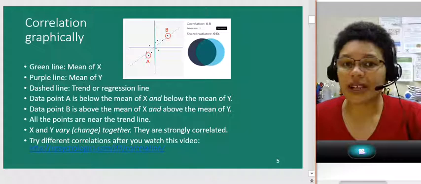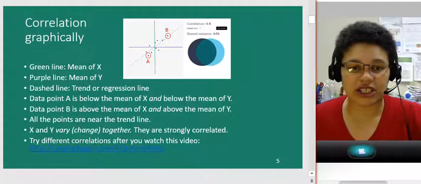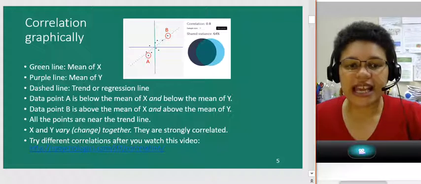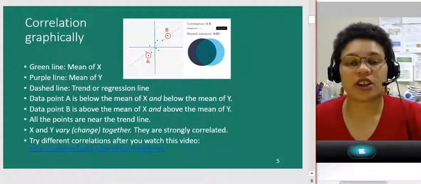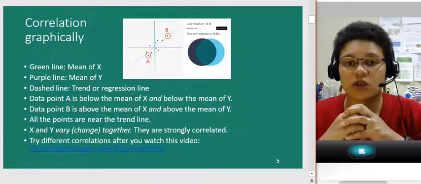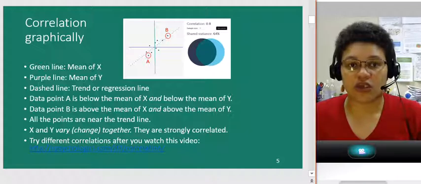And all the points are near this trend line that is drawn through the center of the graph. So we could say that X and Y vary or change together. They are strongly correlated. Another way this is shown is those two overlapping circles. Shared variability is what those are showing. They share a lot of the variability.